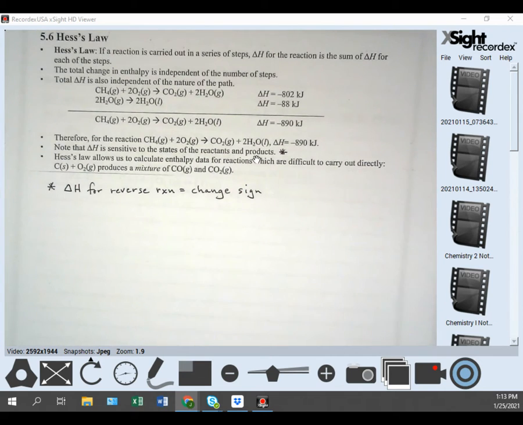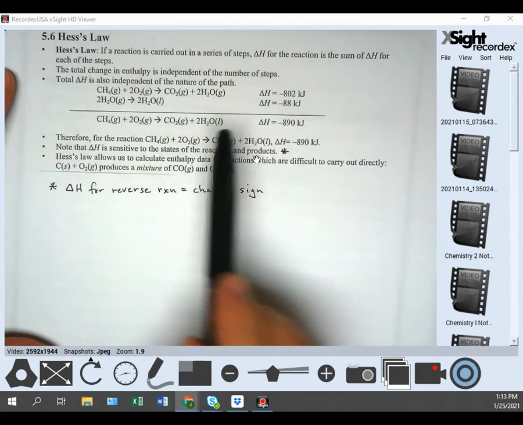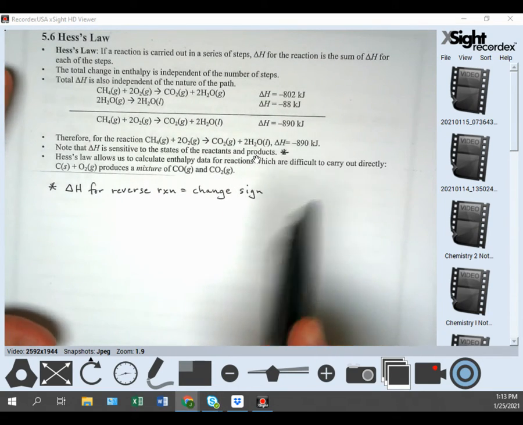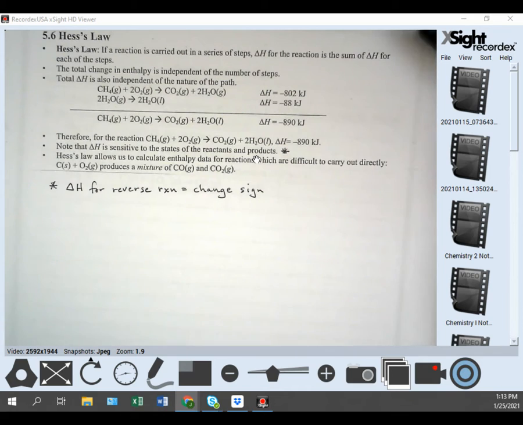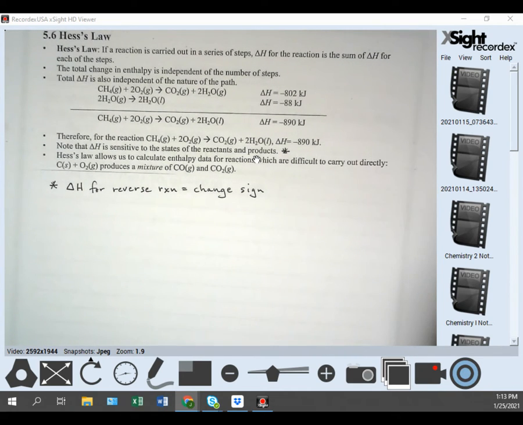Okay. Which makes sense if you think about it. Say you've got something with a beginning enthalpy and an ending enthalpy, right? And say you went up 50 kilojoules from the beginning to the end, from your reactants to your products.